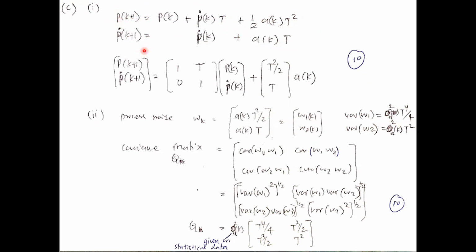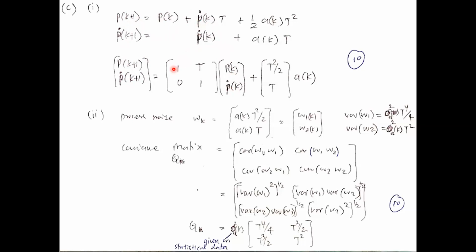Now you want to put these two equations into matrix form. So you create a column vector here, P and P dot, and here also P and P dot, because this is time k, this is time k plus 1. All right. So from this equation, you get Pk and P dot k.